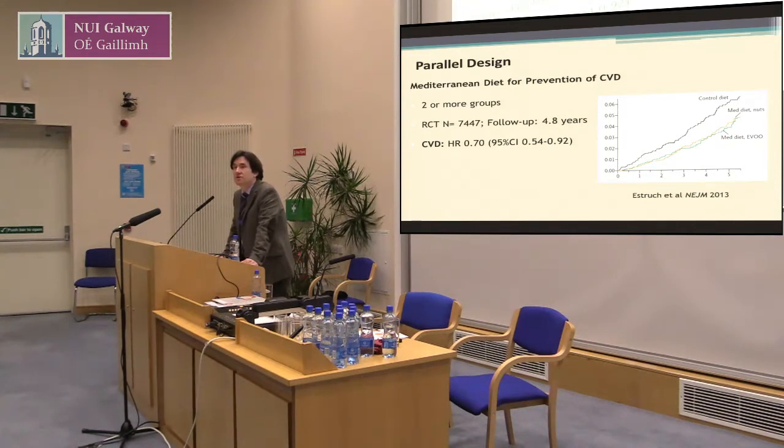The first definitive trial to show that this dietary pattern is associated with a lower risk of cardiovascular events in this population. A very simple design, a very elegant design, and the design that's the base model of randomized controlled trials that has changed clinical practice in almost all areas of clinical medicine.